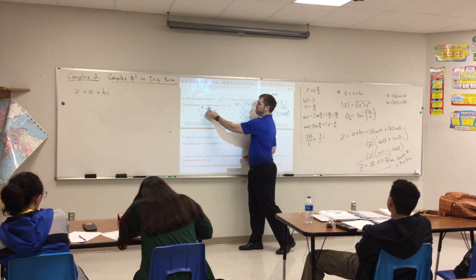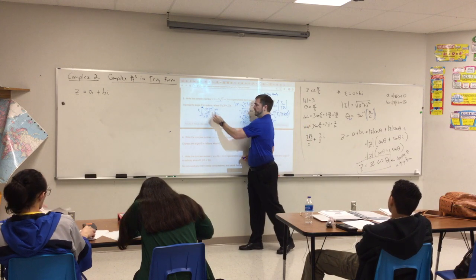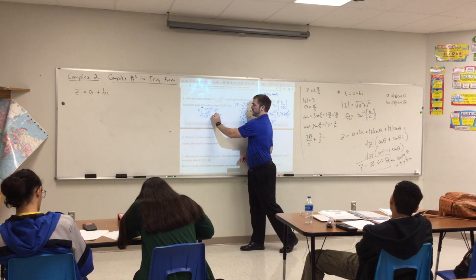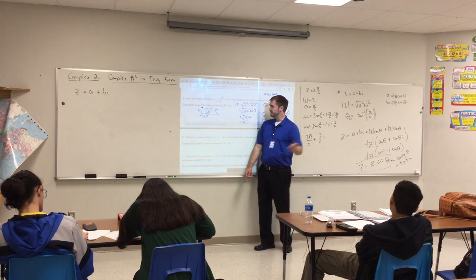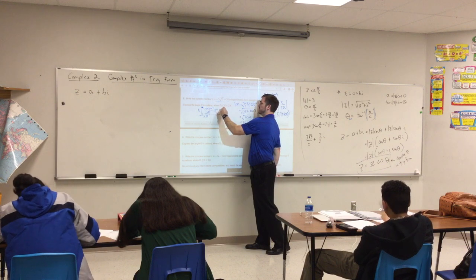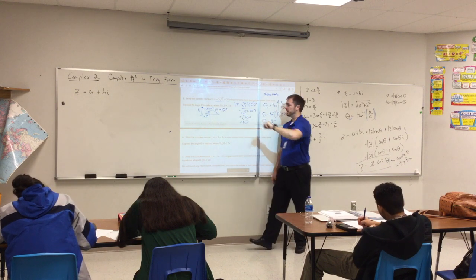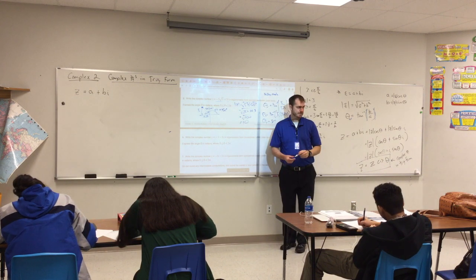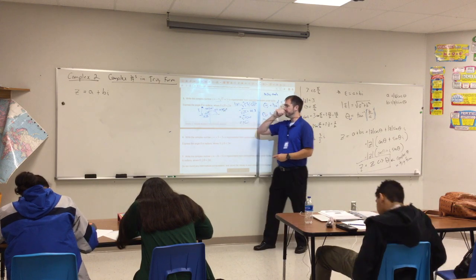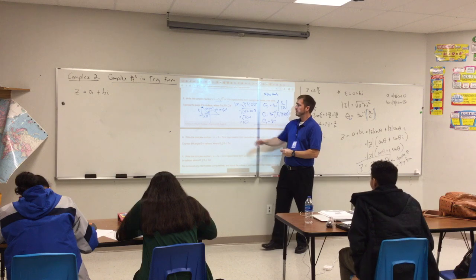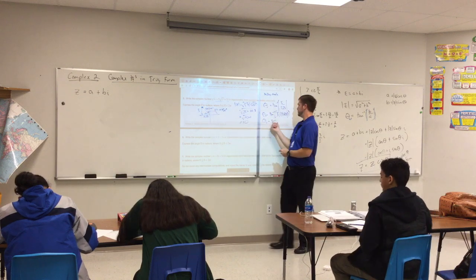Not 60. 60 would be from this part right here. But I'm going from the positive x-axis all the way over here. 150? How did you arrive at such a number there, Grace? Subtracting 30 from 180, yes, okay. So 180 minus the 30 gives us the 150.